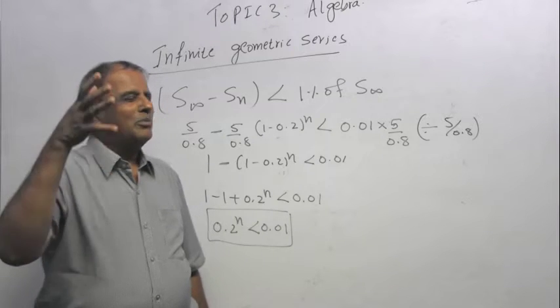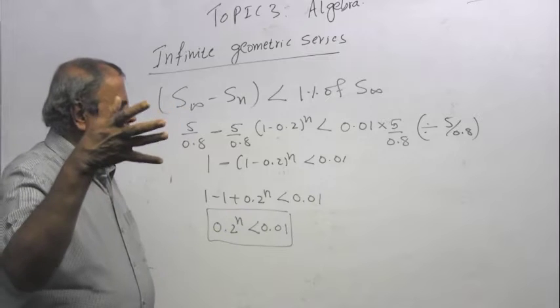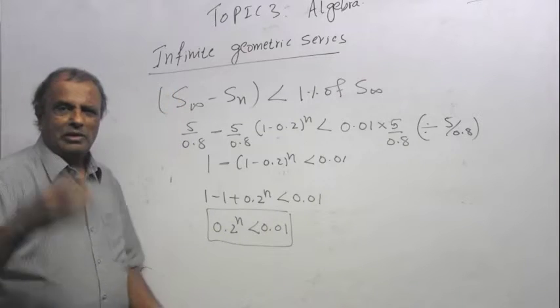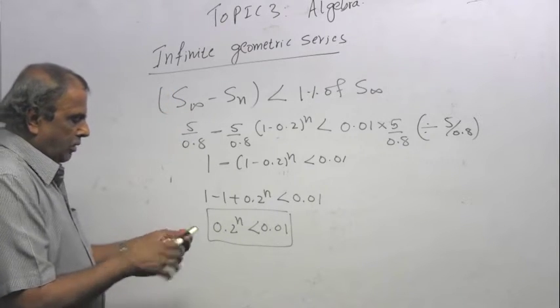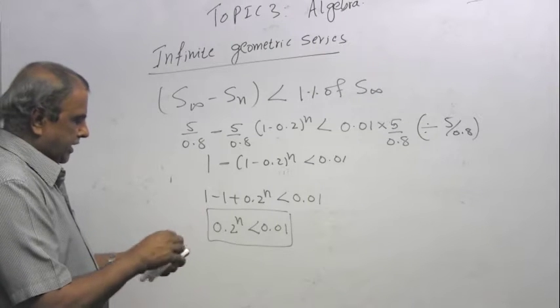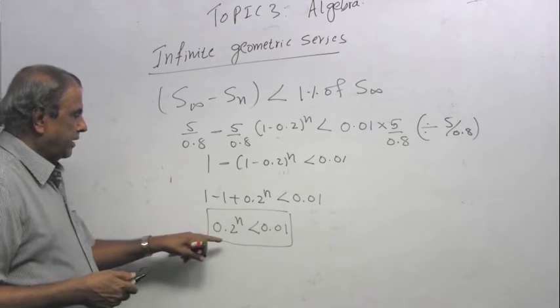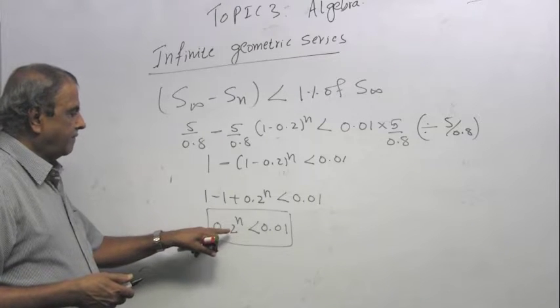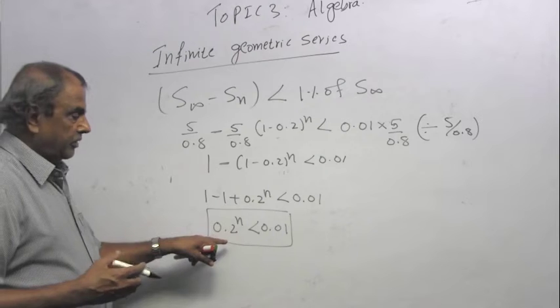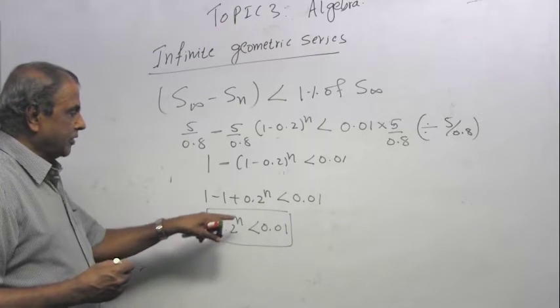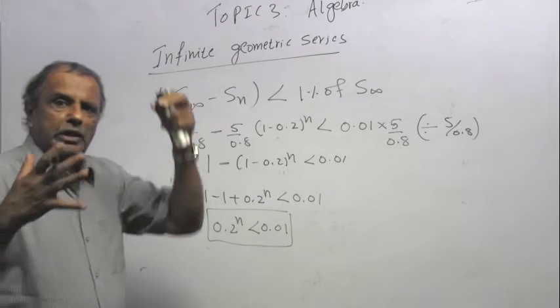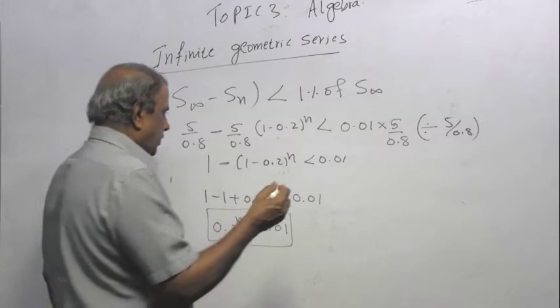0.2 squared, 0.2 power 4, and so on and so on. But it's easier because I'm trying to bring out something important here. So obviously, the best will be to take logarithms. But before taking logarithms, remember in an inequality, I will put it as an equal to find the critical value.